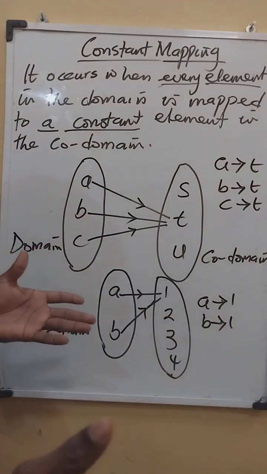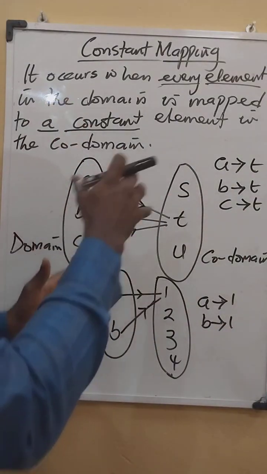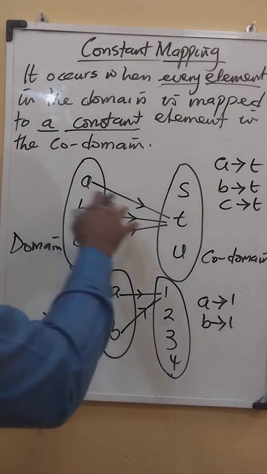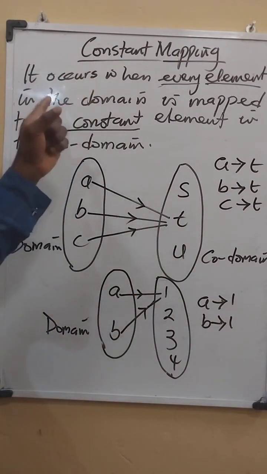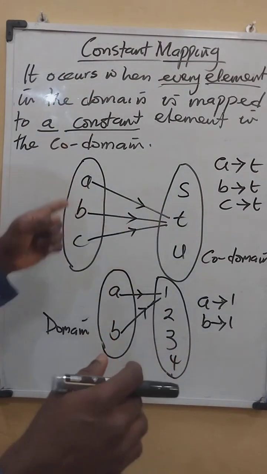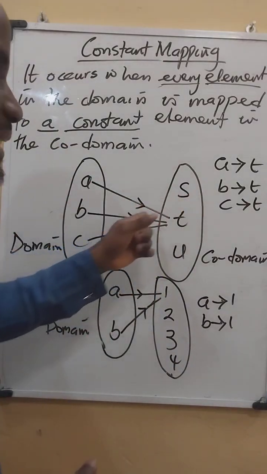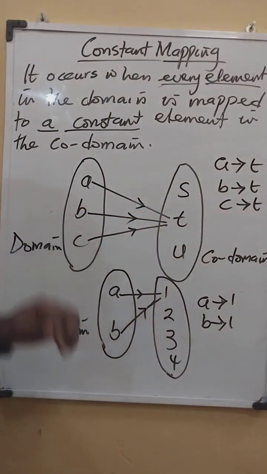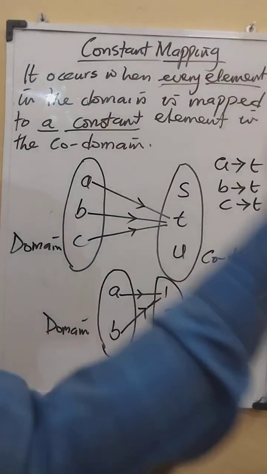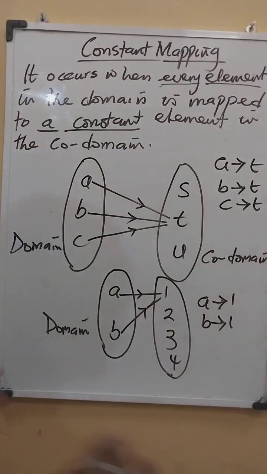Now that you have seen how each of them are mapped, and in line with the definitions and explanations that I've given, you should be able to know, okay, this one is actually constant mapping. The other one is 1-to-1 mapping, just like that. That's how to know about this mapping.